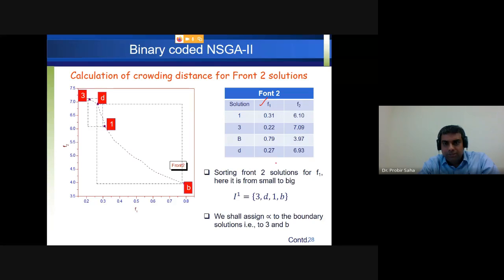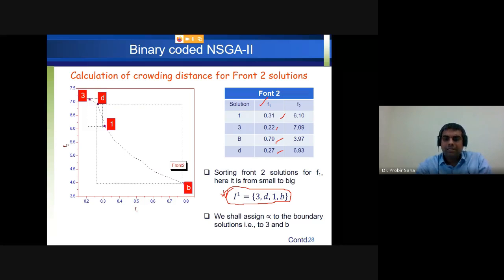I think among these, 3 is the smallest, 0.22. Then D, then 1 with 1.31, and then B with 0.71. In your algorithm, you have to write a for loop to do that. You need a separate for loop for this. So we have 3, D, 1, B. These are the solutions in ascending order according to fitness number 1.